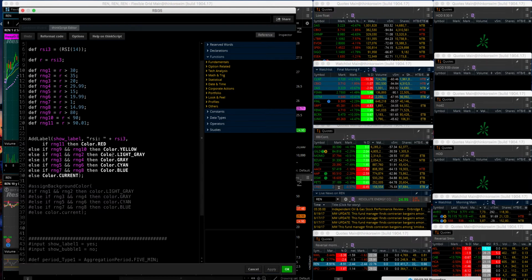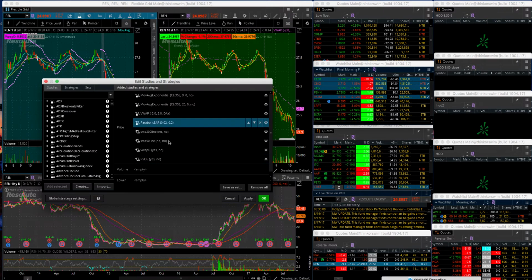I set yellow to be really high, light gray, and then blue, and then gray, and then cyan, and blue. Dark blue is basically the lowest. It's just another indicator.